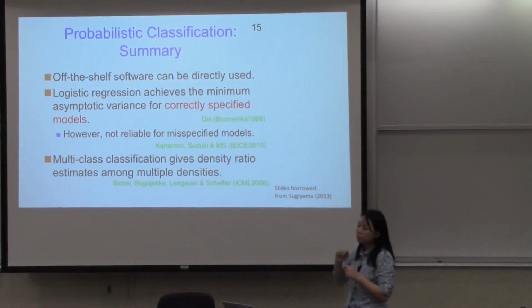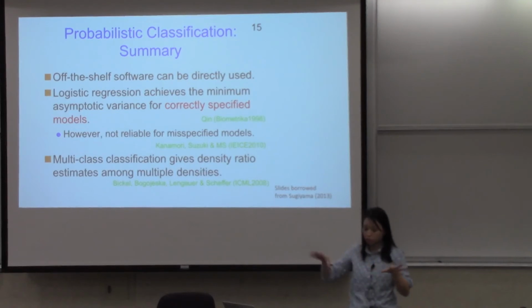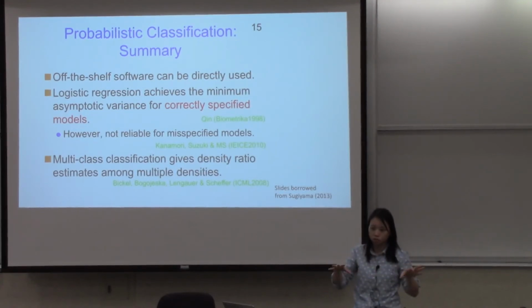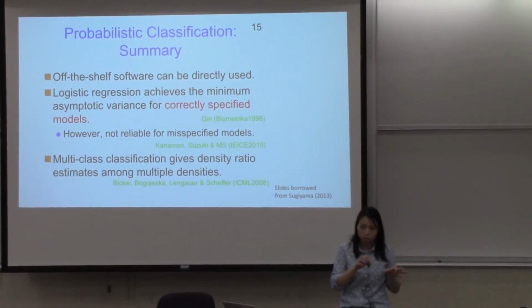Still, if you have a misspecified model, you can get problems. You can also extend this to multi-class classification. For example, if you have three distributions, not two, instead of doing a binary classification, you can do multi-class, and still follow this idea to get the density ratios for multiple densities.